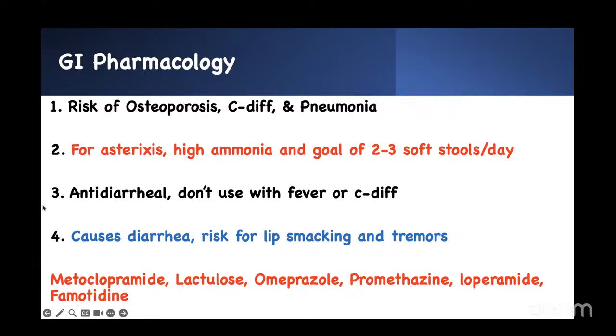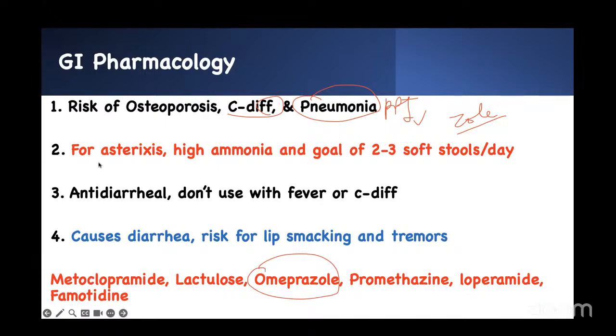The first one, osteoporosis. It causes C. diff. It causes pneumonia. The most common cause of these side effects is PPIs. Which of these is a PPI? PPIs have the last name "zole," therefore omeprazole is one of them. That's the first medication.